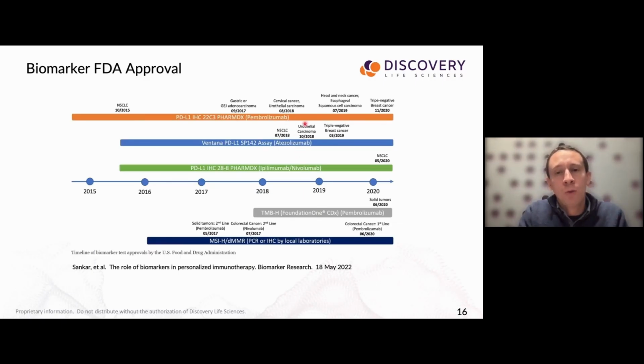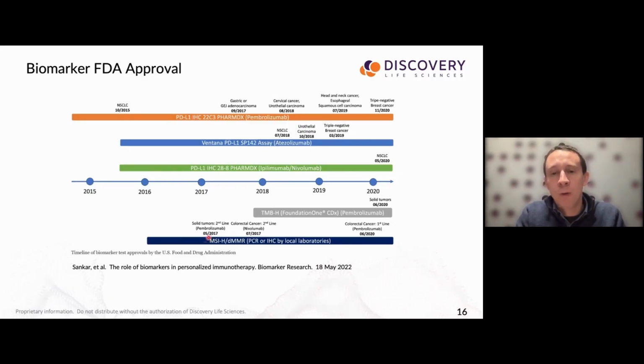There are currently 3 IHC-based assays using different antibody clones against PD-L1. These have been around since about 2015 as these therapies came to market. I would mention that the work that was done with the 22C3 clone was done at Discovery through the initial stages. So we were really on the forefront of pushing these new checkpoint therapies to the market.